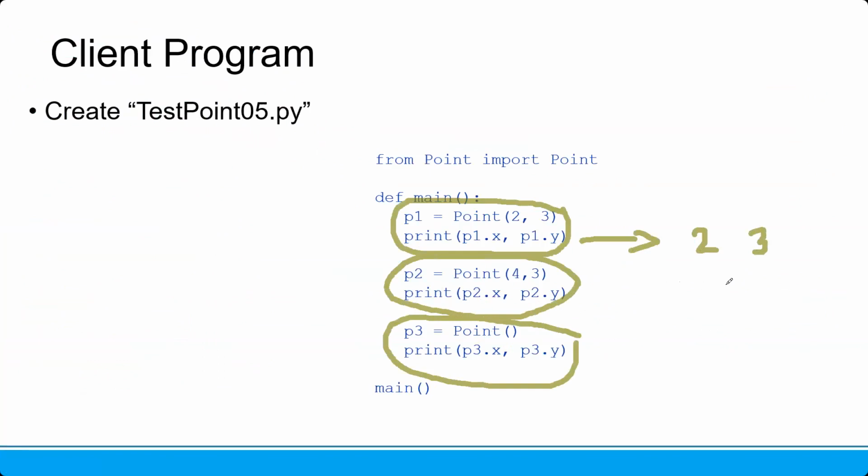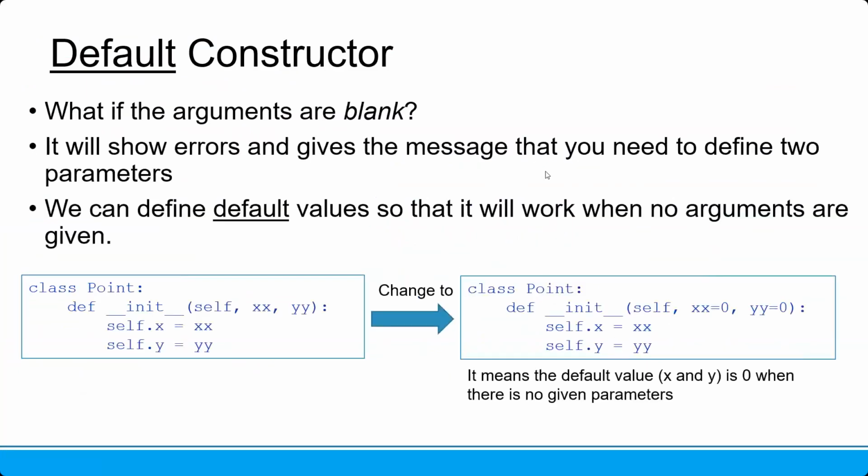If you print this one, the result is 4 and 3. If you print this one, the result is 0 and 0. Why? Because here the default value is 0 and here the default value is 0.